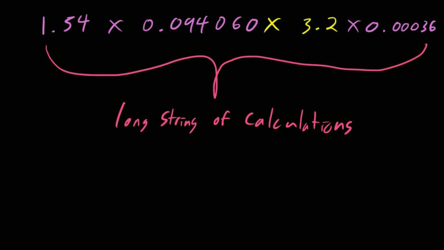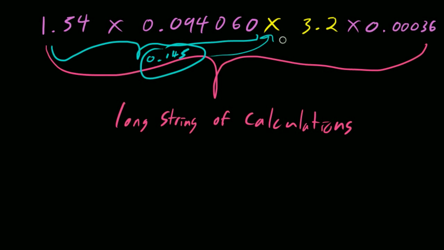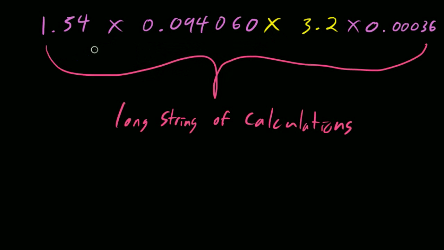It's not like I just compute this part right here and then write it down. I think it was 0.14. And if I rounded, it would have been 0.145. And then if I had rounded, I would have thrown that into the expression here. But that's not what we want to do. So I'm going to go ahead and erase all of that.